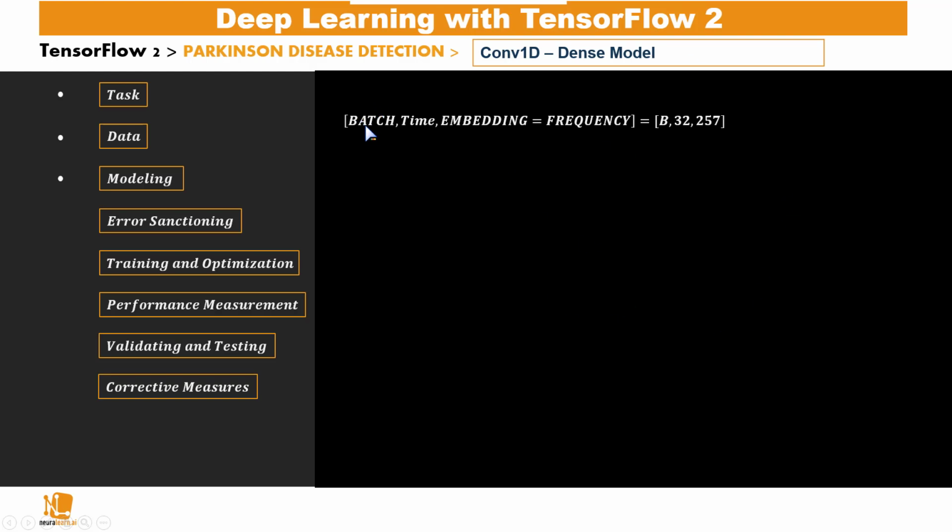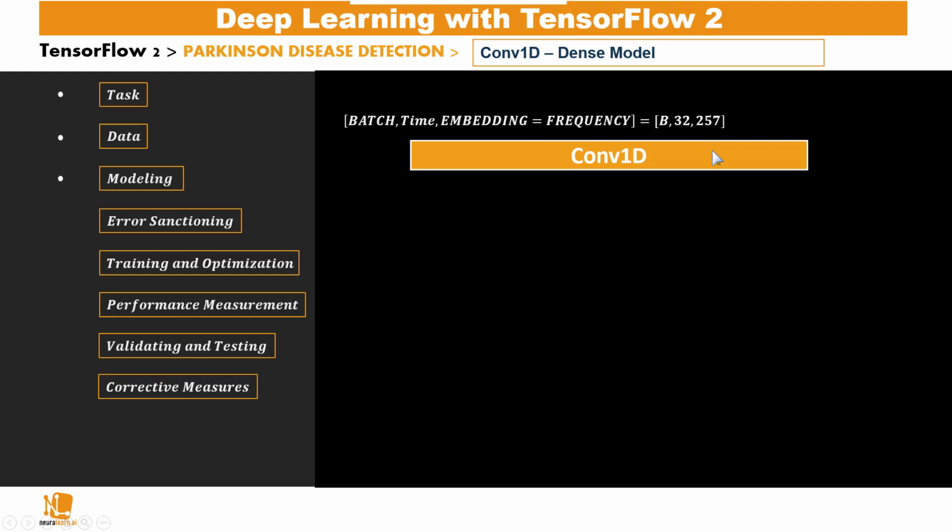Supposing we have this input, batch size by 32 by 257, we've seen this already, the spectrogram. We pass this into a conv1d layer. And the way we look at this generally is that we have an input of shape batch size by the time dimension by the embedding dimension. In this case, the embedding dimension is the frequency.